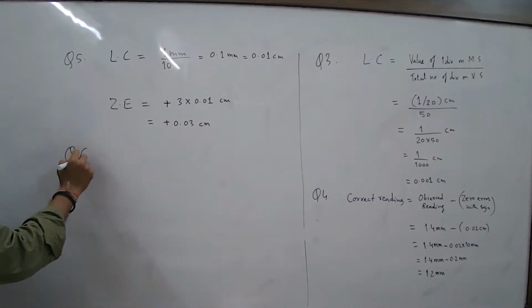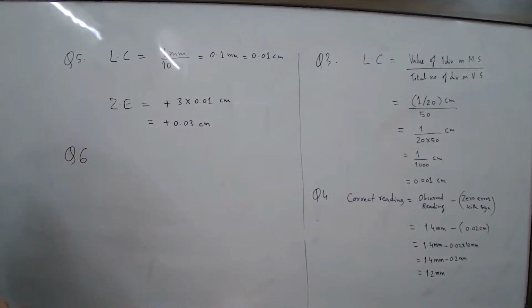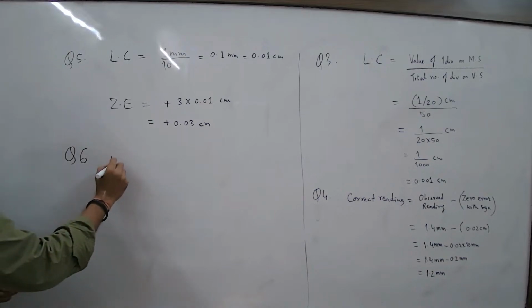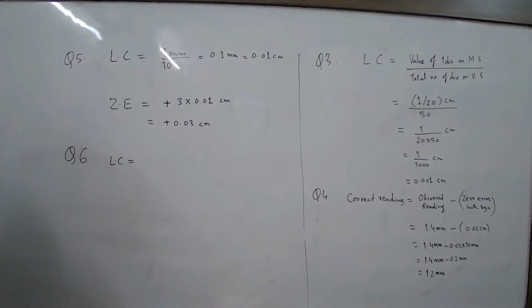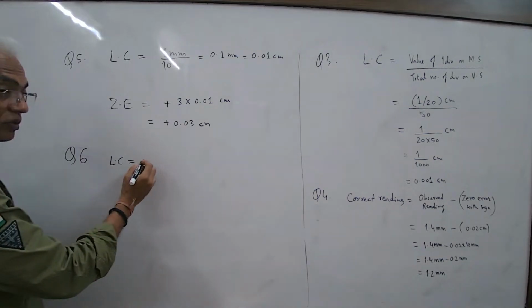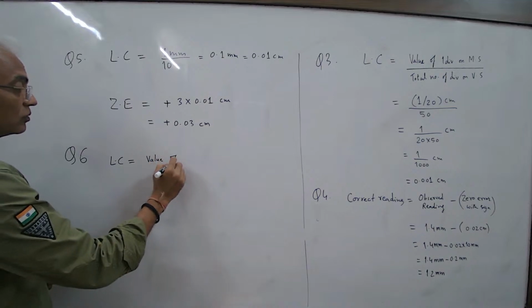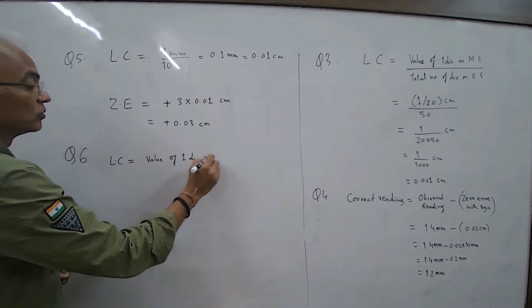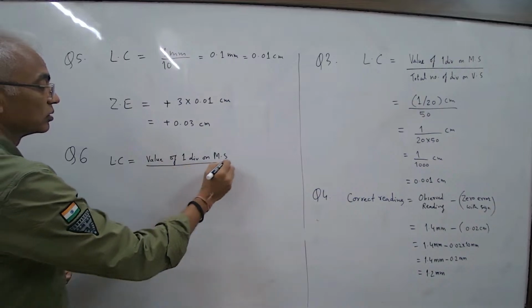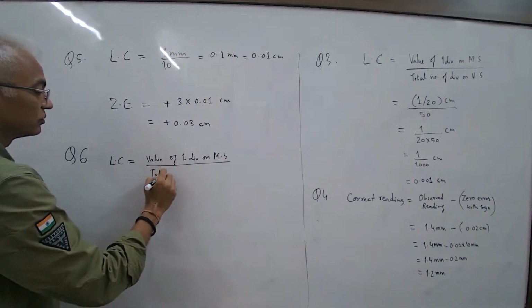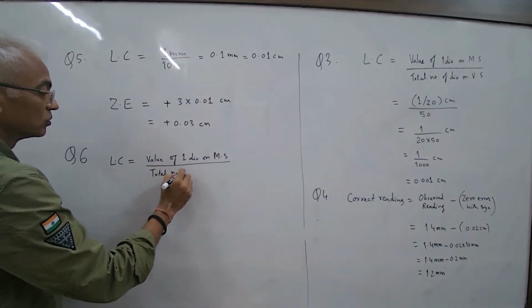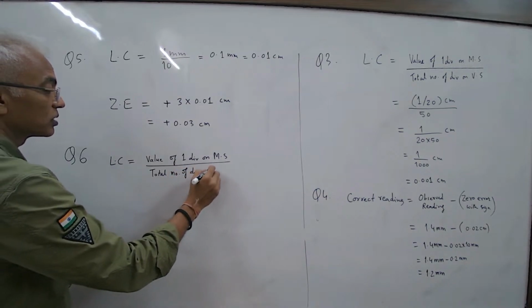Give me the least count. What is the formula for least count? Value of 1 division on main scale divided by total number of divisions on vernier scale, right?